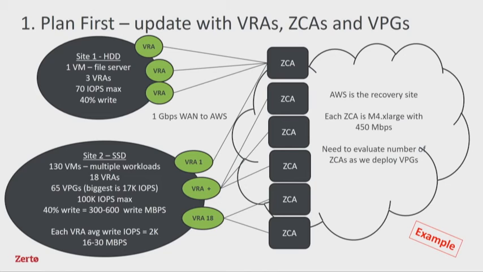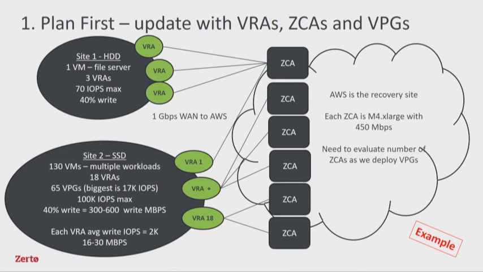Okay, so in this case, this was a real life customer case. They showed us all their stuff. We started out with the earlier slide just showing the sites. Then we went and laid on their VRAs, and we had the VPGs and a spreadsheet.